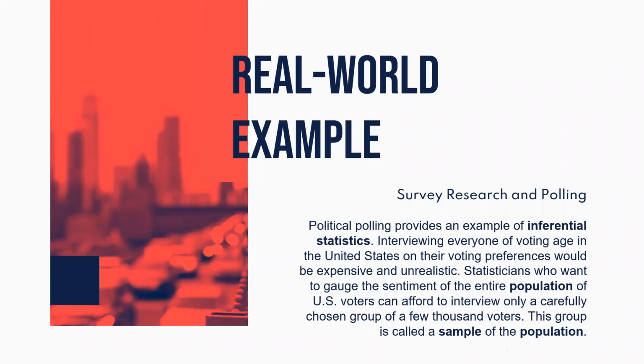Interviewing everyone of voting age in the United States on their voting preference would be expensive and unrealistic. You can't do it. Statisticians who want to gauge the sentiment of an entire population of US voters can really only afford to interview a carefully chosen group of a few thousand voters. This group is called a sample of the population.